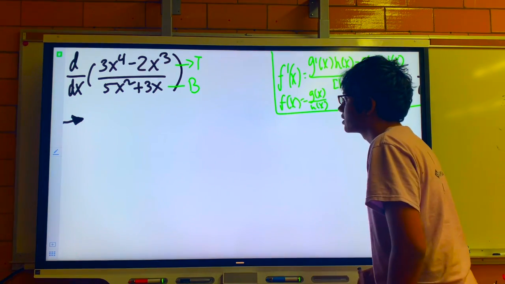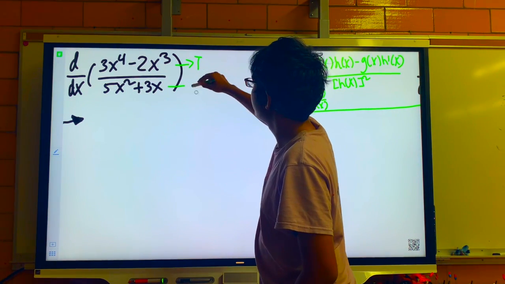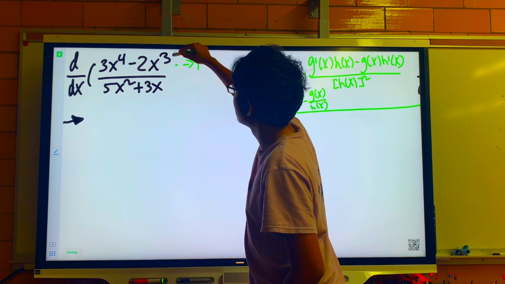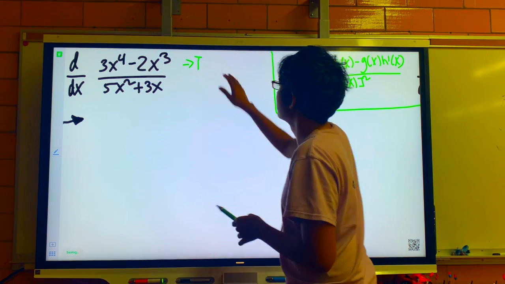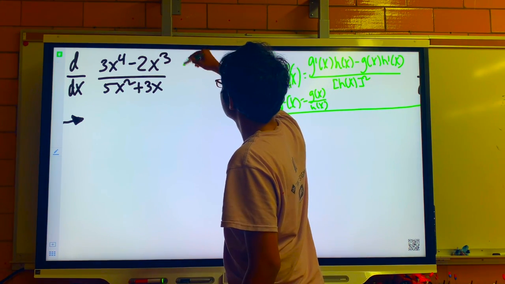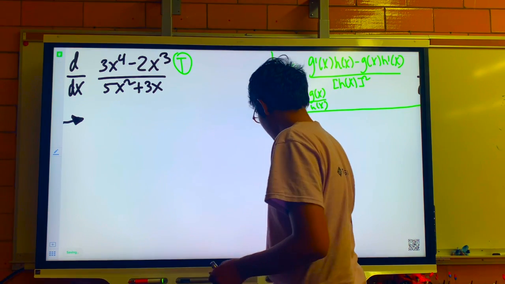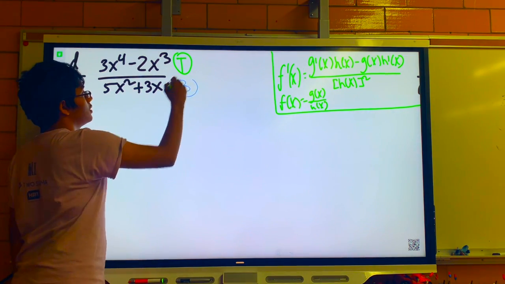So I'm going to use 2 different colors for that. I'm going to use blue for my bottom function and green for my top function. So let's go ahead and denote that. This is my top function, and this is my bottom function, right?